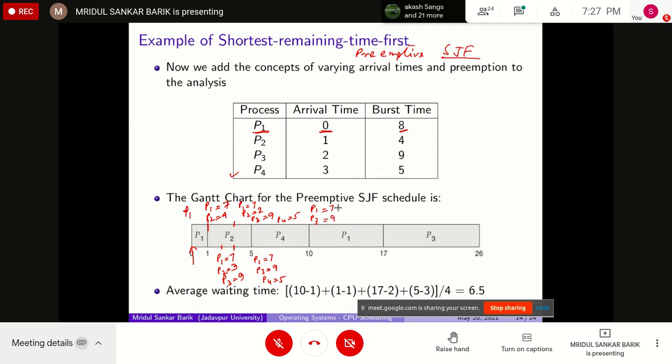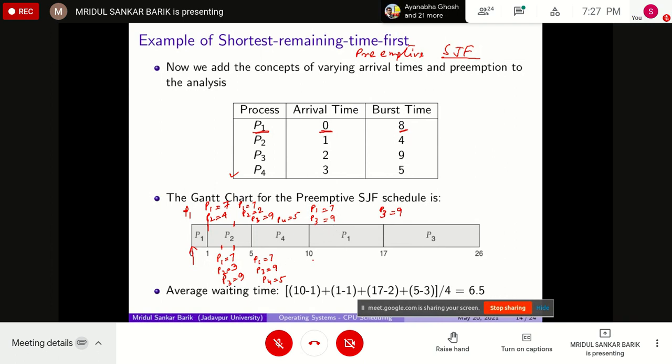P1 is scheduled because it is the shortest at that point, for 7 time units, from 10 to 17. At time 17, only P3 is left, with remaining time 9, so it is scheduled from 17 to 26. In this way, these processes would be scheduled.